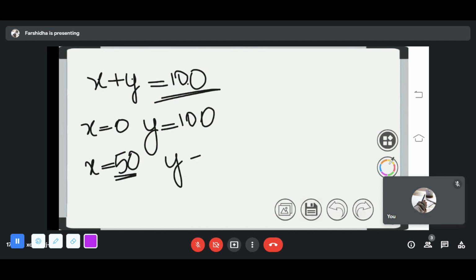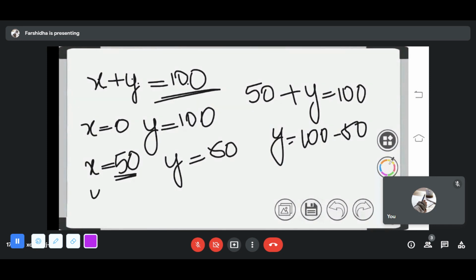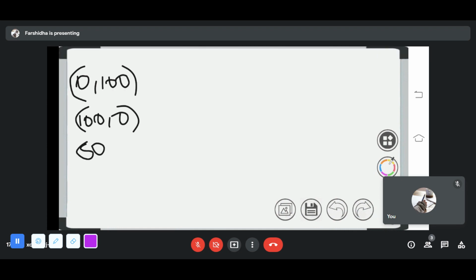If x is 50, what is y? 50 plus y is equal to 100, so y is equal to 50. Now you can take y is equal to 0. What is x? x equals 100. So you got 3 points: 0, 100; 100, 0; 50, 50.